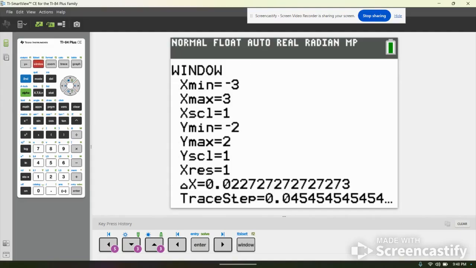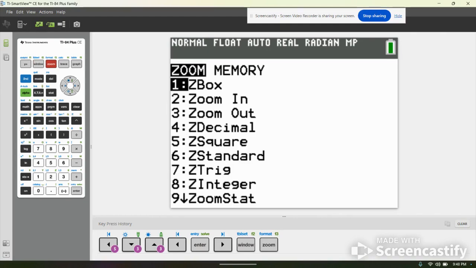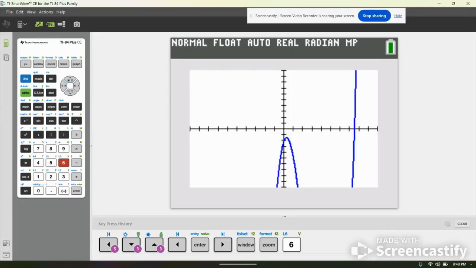So going into my window, this is set differently from before. One of the shortcuts that I use is zoom and then standard, which is 6. So this brings it back to a 10 by 10, 10 to the left, 10 to the right, 10 up, 10 down.